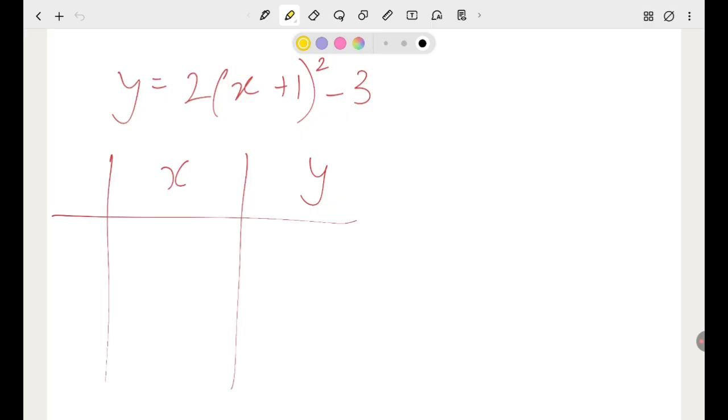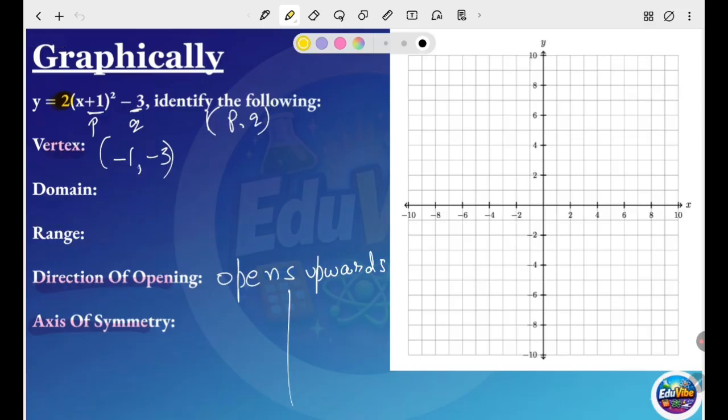We know the vertex is minus 1 comma minus 3. We first plot that point on the graph, because it is the vertex where the graph curves. So we have minus 1 on that axis and minus 3 over there. It looks like this.